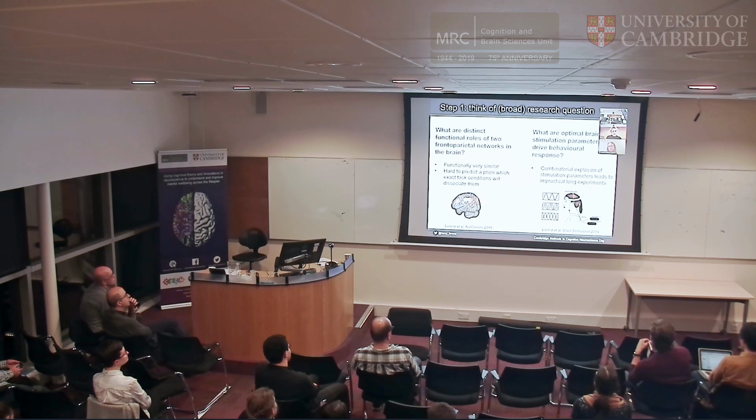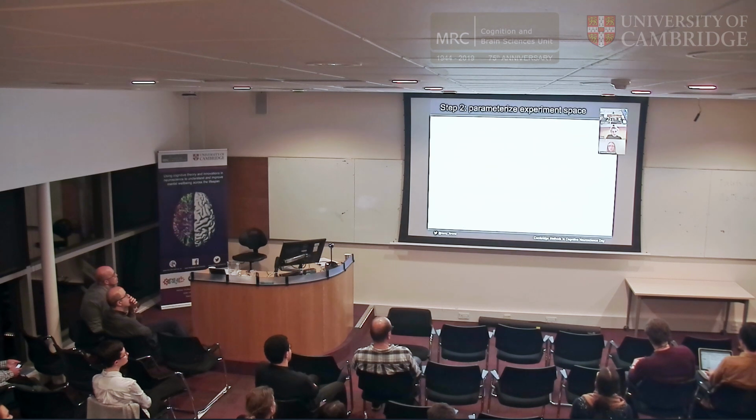This leads quickly to a combinatorial explosion of experimental conditions that can't be run in a single experiment. So these were two research questions we were interested in in the past, where we used this kind of closed-loop approach. Okay, so maybe keep them in mind, because we're going to come back to these examples for the next step now.